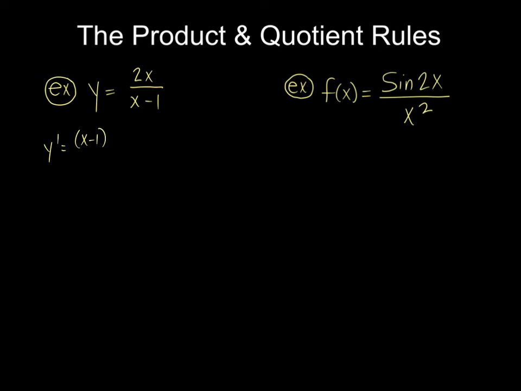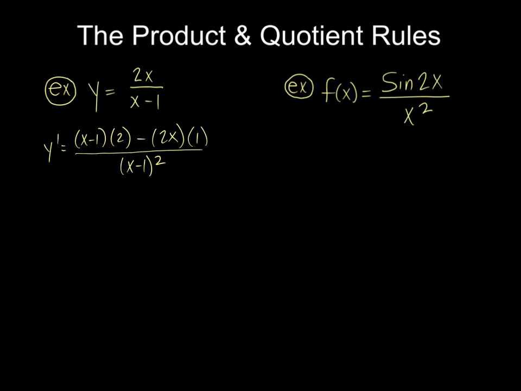You can say low-D high, if low means more bottom, but either way, HODI high is x minus 1 times 2 minus high-D ho, 2x times 1, the derivative of x minus 1 is just 1, over bottom squared. There we go.